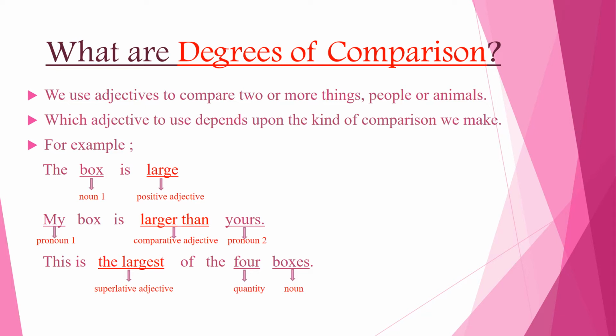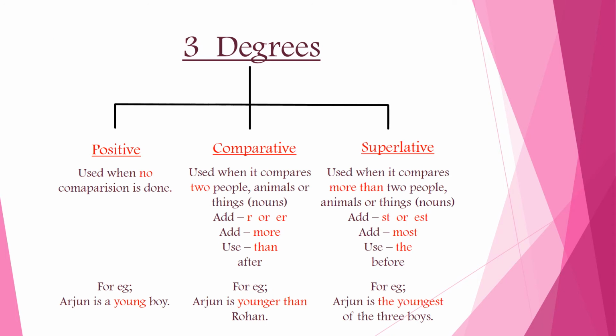So these are the 3 examples of positive degree, comparative degree and superlative degree. So there are 3 degrees of comparison in adjectives: positive, comparative and superlative. And there are some rules to follow for it.